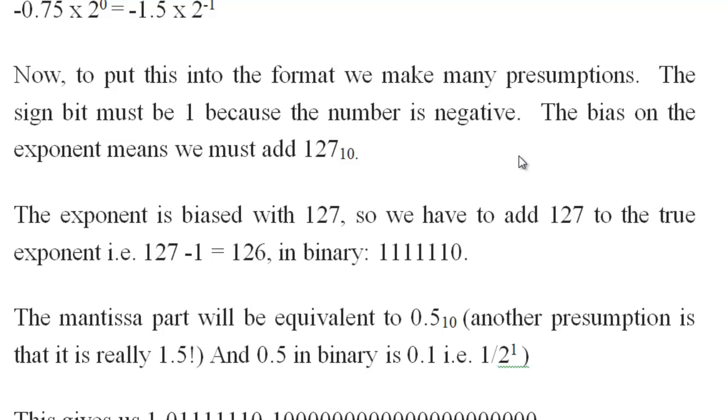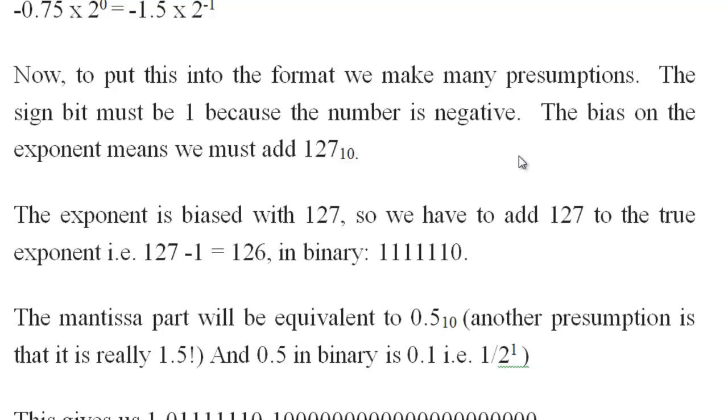The exponent is biased with 127, so we have to add 127 to the true exponent. That is, it's 127 minus 1, because the exponent is minus 1. That's 126 in decimal, and in binary it's 01111110 if we read from the most significant bit on the left hand side.